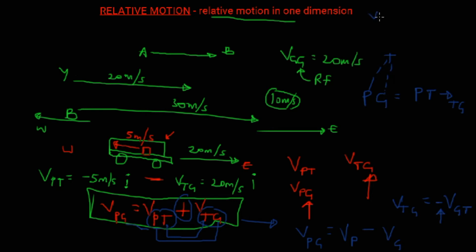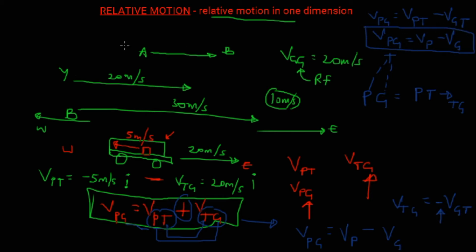So we can say that VPG is equal to VPT. Since we know that the velocity of the train relative to the ground, if we interchange the subscript, brings about a negative sign, which is the relative velocity of the ground with respect to the train, I can rewrite the relative velocity of the person with respect to the ground as VPT minus VGT. Some texts write this formula this way.